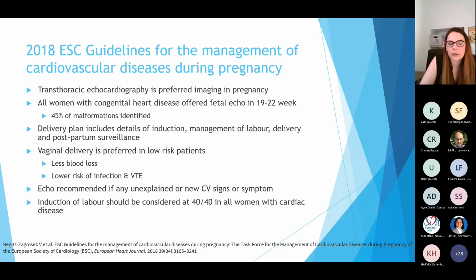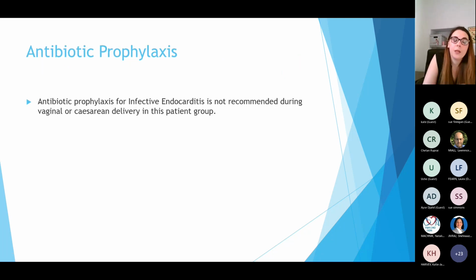The American guidelines actually are almost identical in terms of their advice for low-risk patients, with the only real difference being they advise considering induction a week earlier at 39 weeks gestation. Both the European and the American guidelines agree that antibiotic prophylaxis for infective endocarditis is not recommended during either vaginal or caesarean delivery in this patient group.